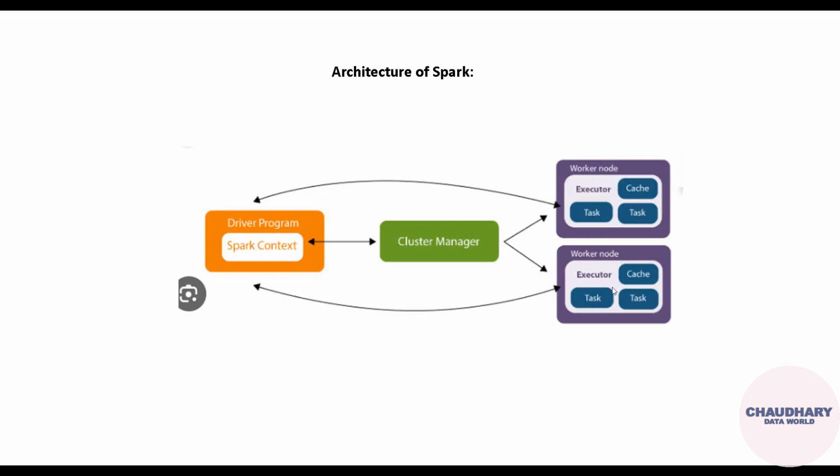You can assume that there is one computer here, another computer here, so there are multiple computers. Right now we can see that we have two worker nodes, but this can't be fixed. It can be n number of worker nodes, as per the requirement.